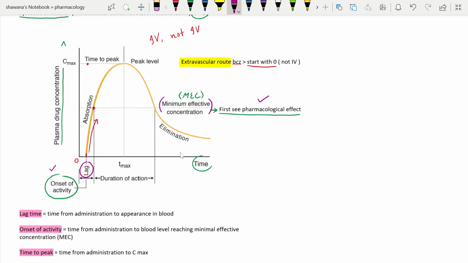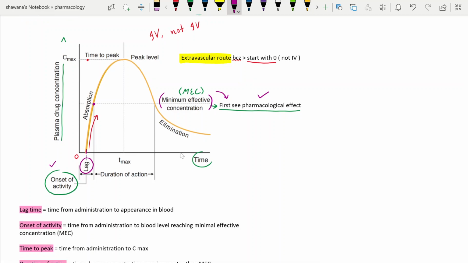It is the concentration at which we first start to see the pharmacological effect of a particular drug. So onset of activity is the time from administration until it reaches the minimum effective concentration. MEC means that we start noticing the pharmacological effect of a drug.